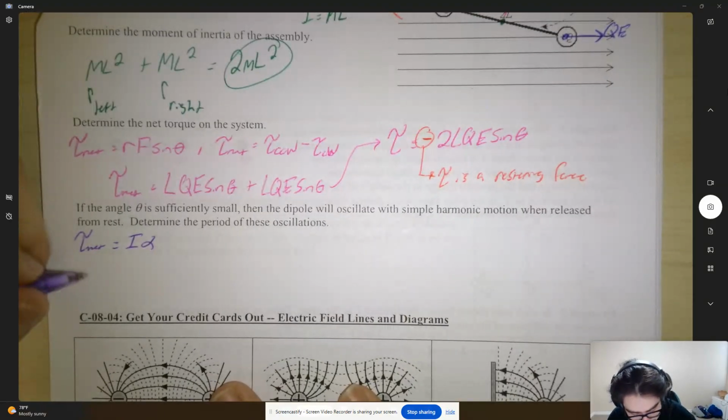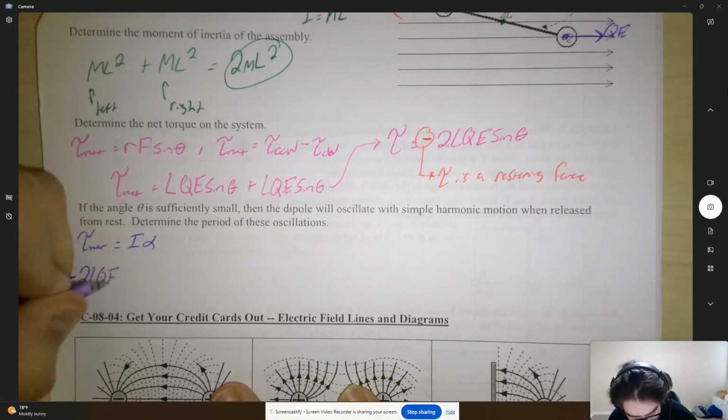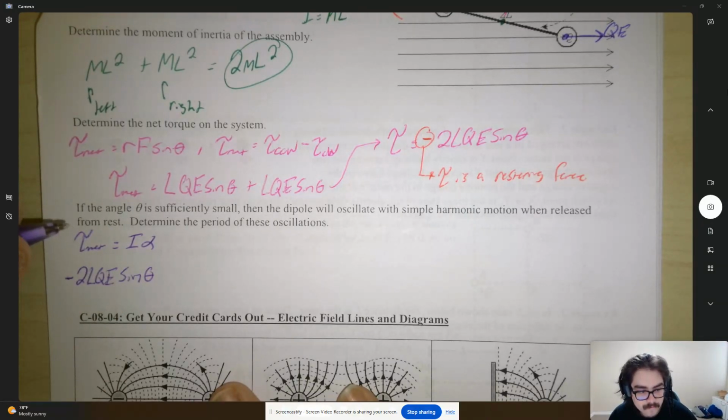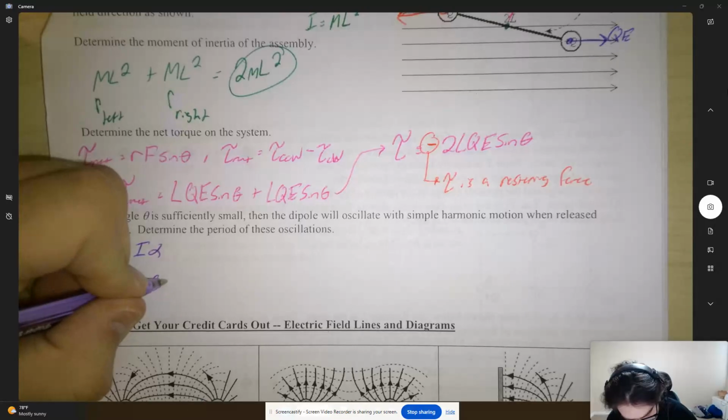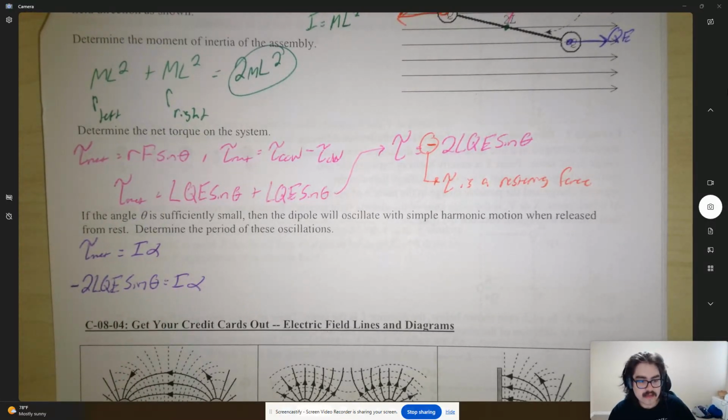So I can do negative 2 L Q E sine theta equals I alpha, and I can make my substitutions.